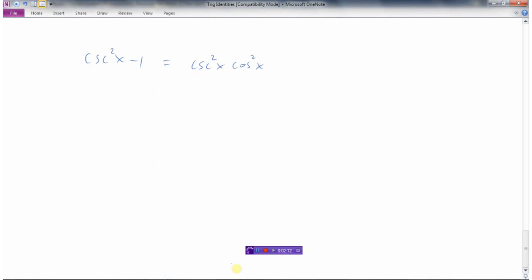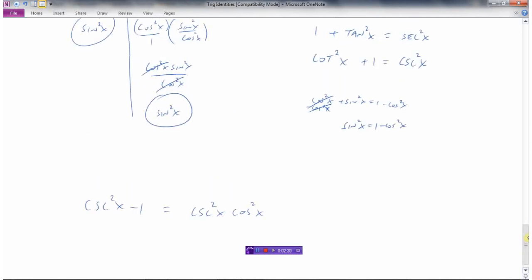Let's look at this last example here. Cosecant squared x minus 1 equals cosecant squared x times cos squared x. Well, here's one of these something squared plus 1 or minus 1 things. So I'm thinking maybe one of those Pythagorean identities. Let's see, cosecant squared minus 1. This is the one here. Let's just copy this down here again.